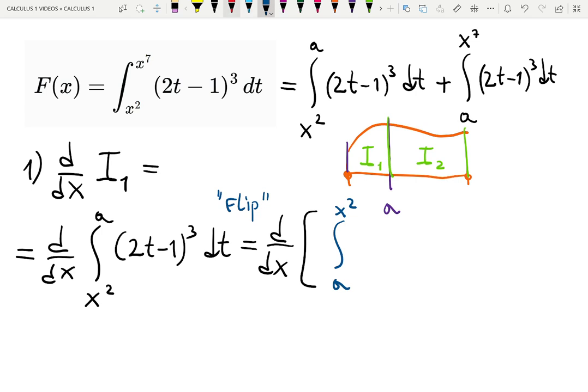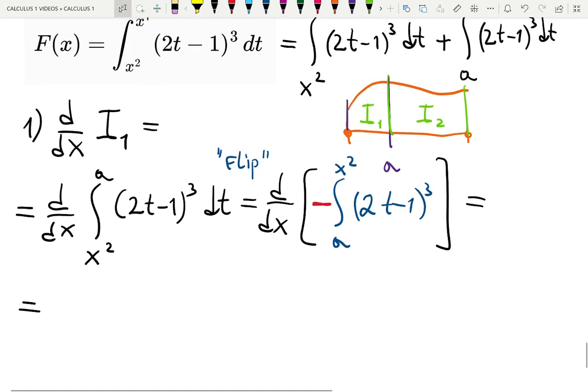How to do that? You have to put a negative sign in front of it, based on the properties of integration. (2t minus 1) cubed. Now you can substitute the variable. When you differentiate the integral, differentiation undoes integration, so you just have the function inside. Oh, I missed the dt part, right? Let me put dt over here.